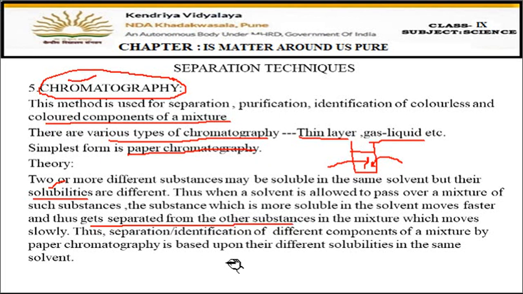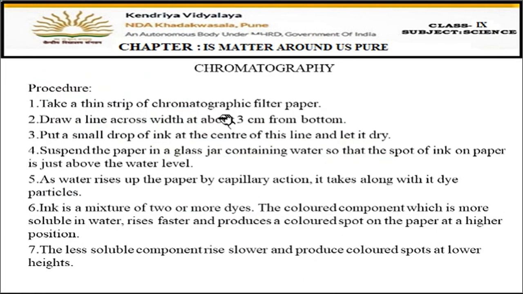In this way, the components of the mixture can be separated. So the main principle to keep in mind is that different substances have different solubilities in the solvents, and depending upon their solubilities they move along with the solvents up to different heights. Now let us try to understand this chromatography technique in detail.